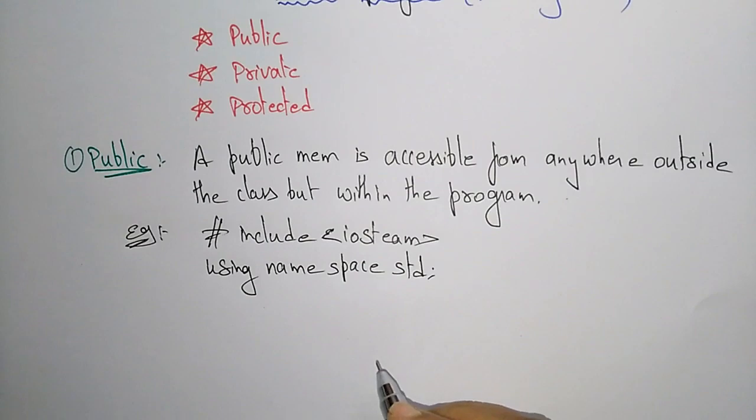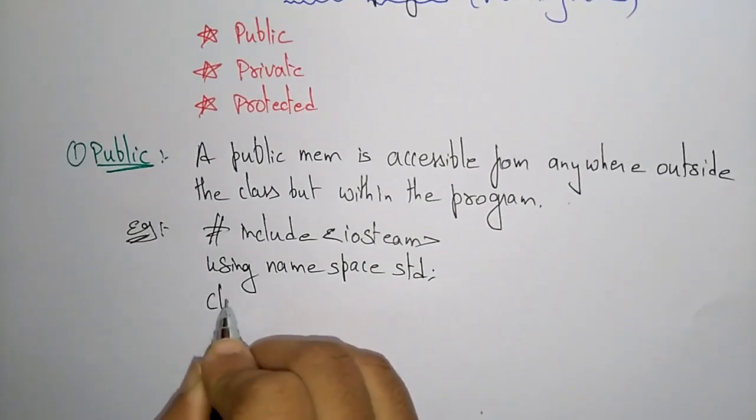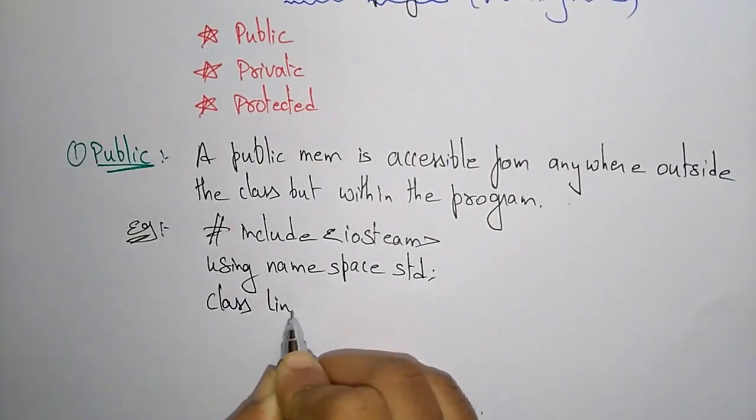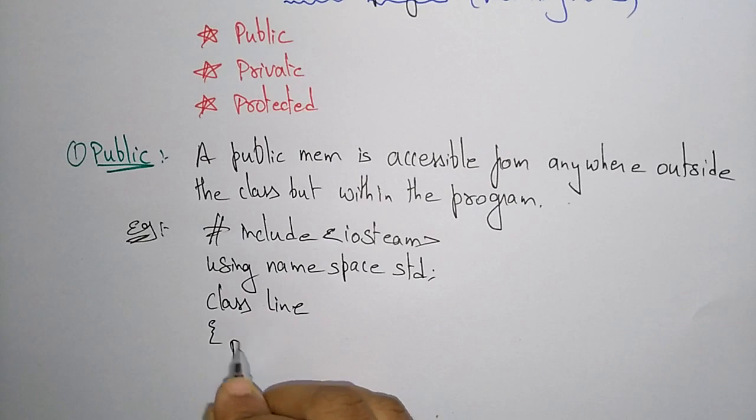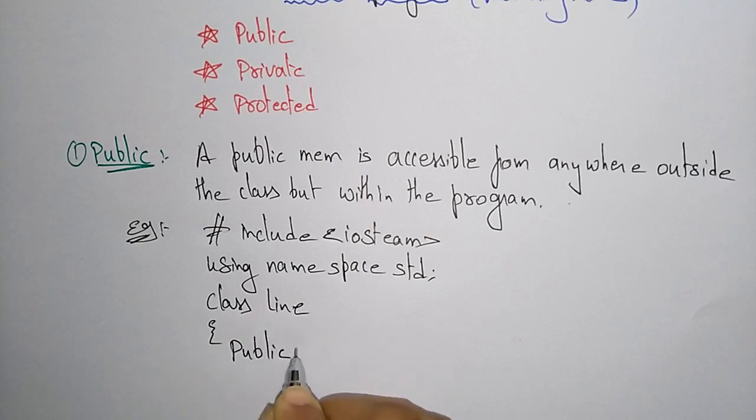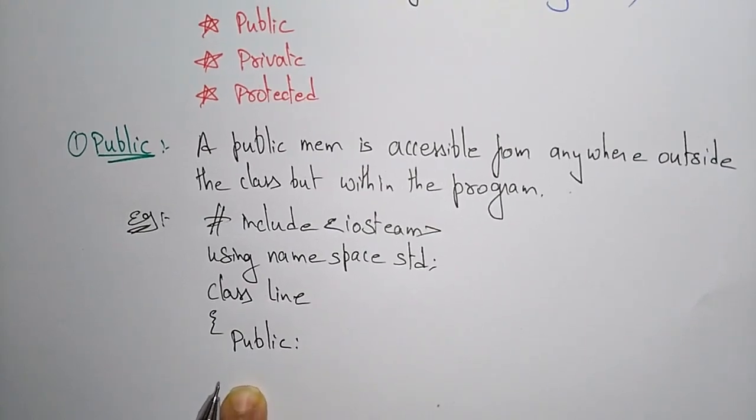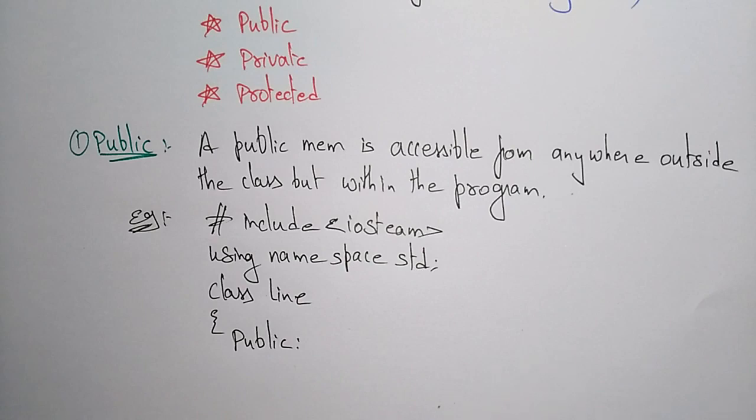Now coming to the main, first the class Line. This is a class, you can call it a base class. The items that I declare as public can be accessed anywhere outside the class also.